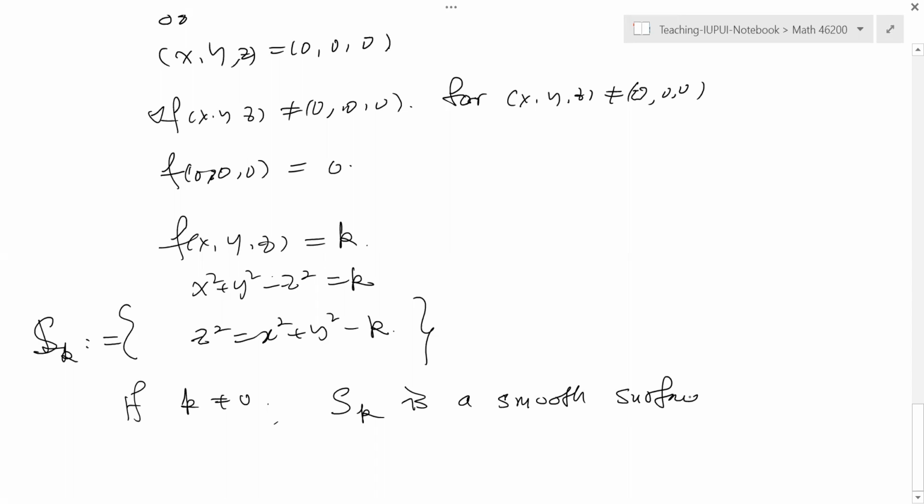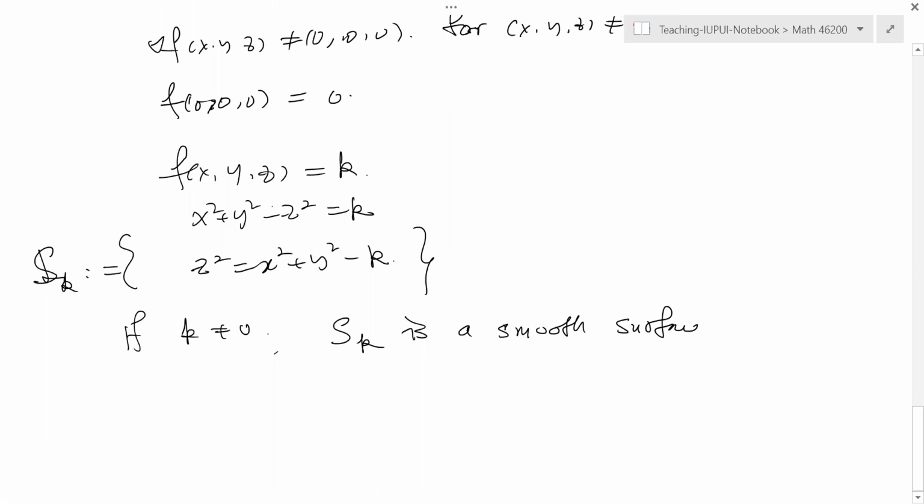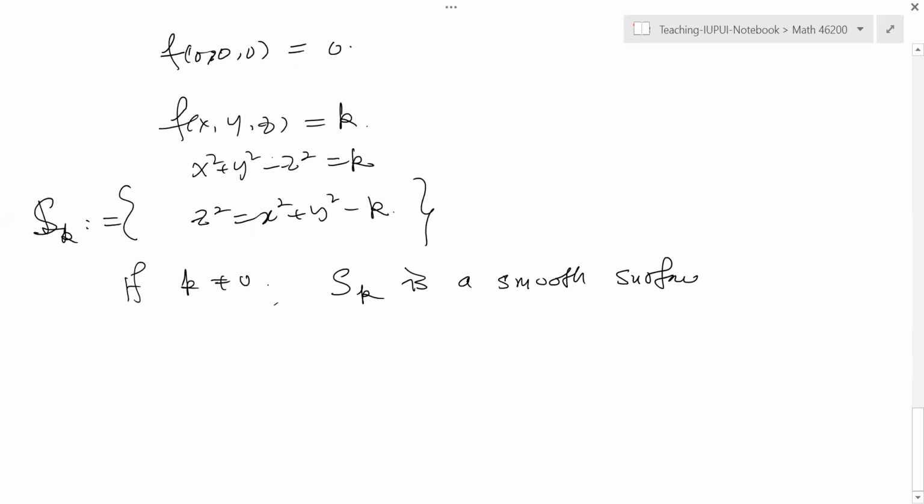Because the gradient is not going to be 0, since it does not contain the origin. Now, what happens when k is negative? When k is negative, it's defined for every x.